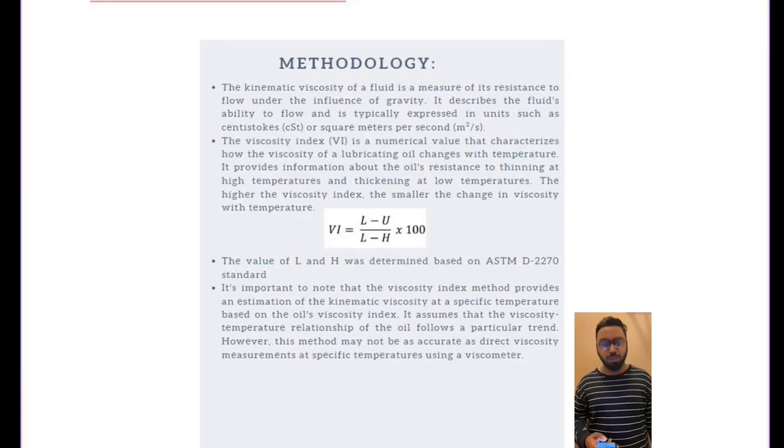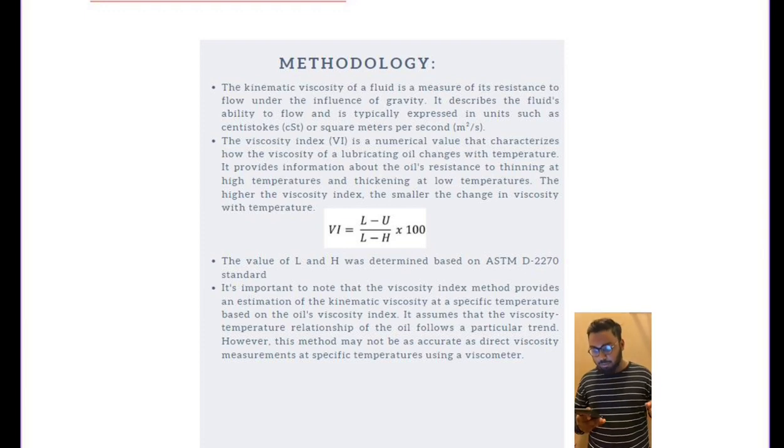Moving on in the methodology process, the values of L and H were determined based on the ASTM D2270 standard. This standard is used to determine the L and H values based on the calculation of the viscosity index. It is important to note that the viscosity index method provides an estimation of the kinematic viscosity at a specific temperature based on the oil's viscosity index.